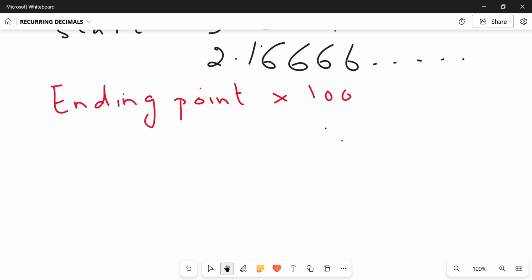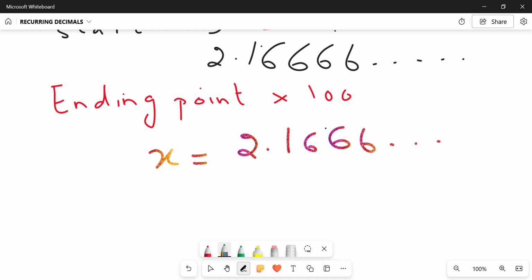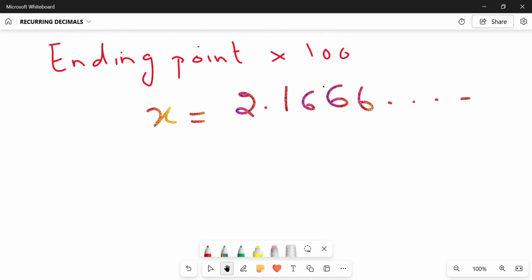Now what we need to do here is assume that 2.1666 is your x. So I am writing x equals 2.1666 and so on. I made this equation, x is equal to 2.166. Now first of all, we need to multiply this with my ending point, and the ending point here is 100. So I'm multiplying the first part always with the ending point, both the left hand side and right hand side with 100.